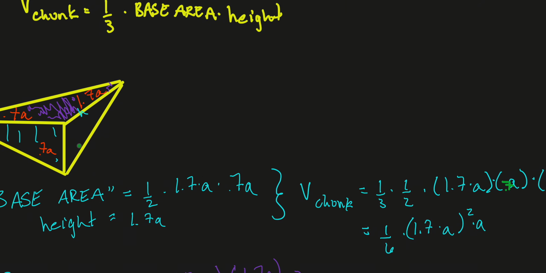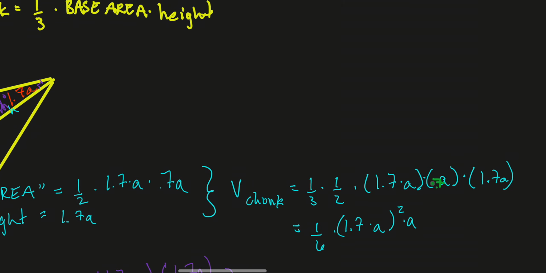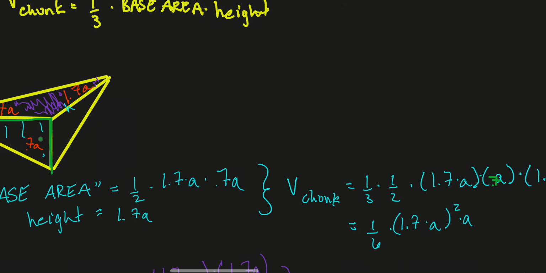Because if we look here, the base area, 1.7a, would be this distance here, 0.7a would be this distance here, and then that would be 1/2. And then times the height of the pyramid, which would be this distance right here, 1.7a.